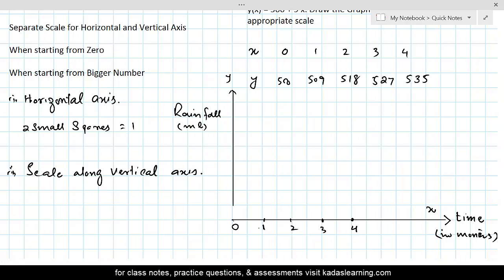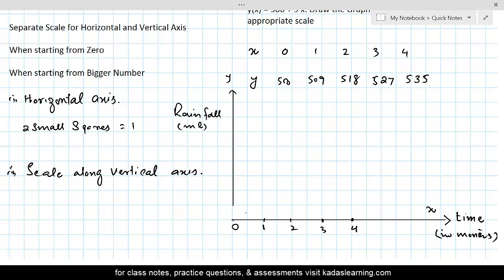If we choose a scale of 10, we would go out of our available space to plot the initial value, which is 500. The initial value is huge, it's big, and then the intervals are small. So what should we do?